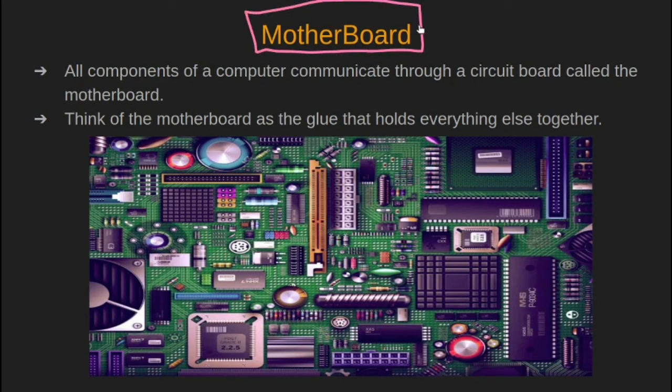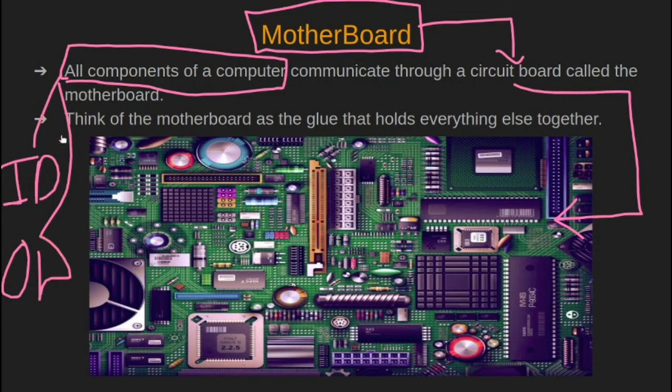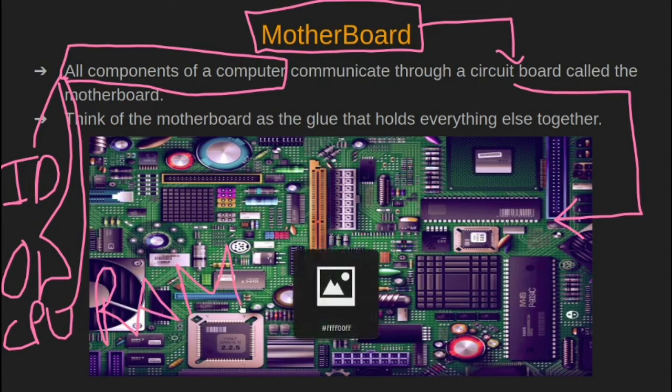Well, a motherboard is a circuit board which looks somewhat like this. And what is it used for? Well, it connects all components of a computer. Now, when we say the components of a computer, we are talking about your input devices, and then we have something called the output devices, and your core components like the CPU, your RAM, and your storage drive.